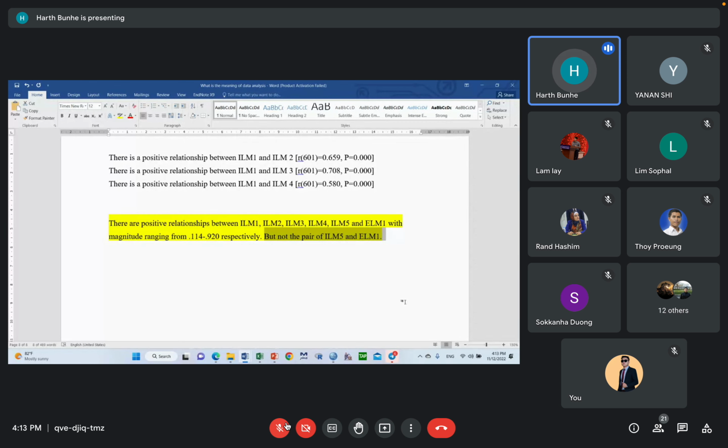You can say but not the pair of, or you can say except the pair I and ELM1. Also fine. And there are many ways to interpret or to present your data to the reader.